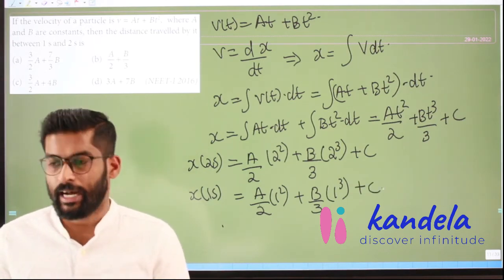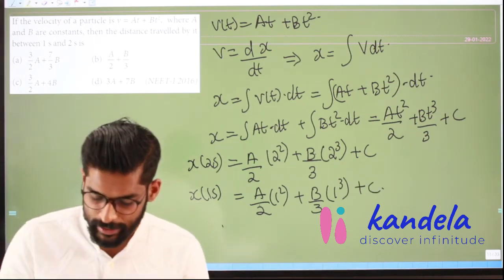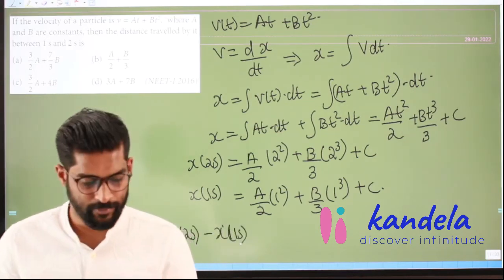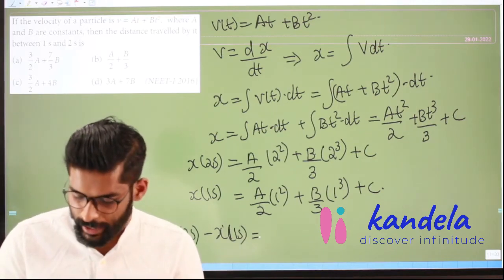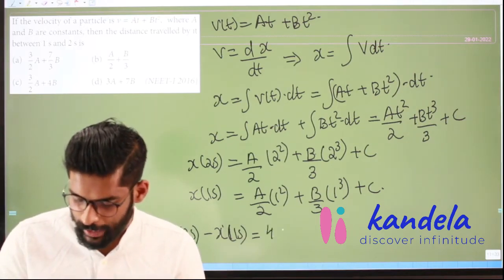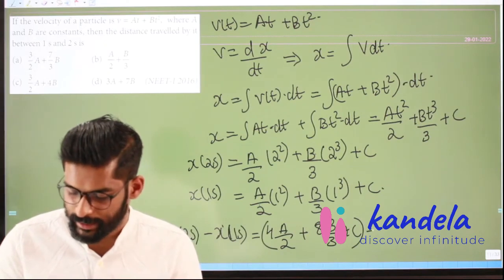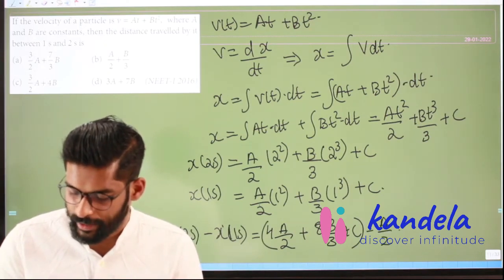Now the distance traveled between 1 second and 2 seconds is x of 2 seconds minus x of 1 second. This will be 4a by 2 plus 8b by 3 plus c minus a by 2 minus b by 3 minus c.